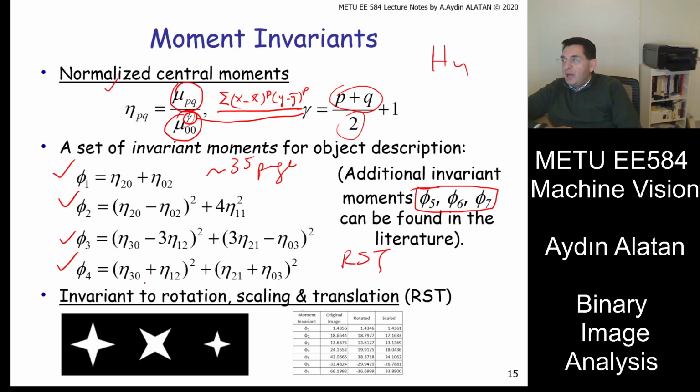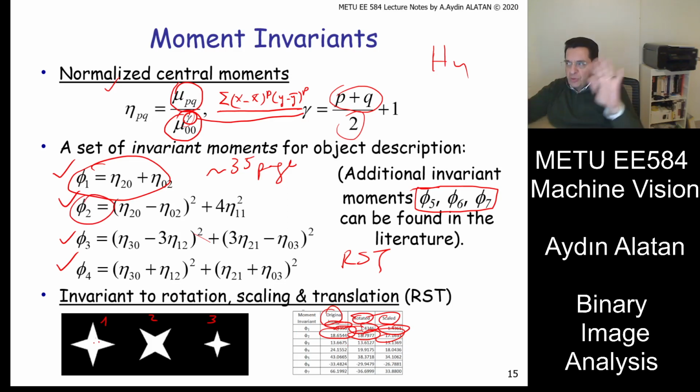If you just calculate these things for these silhouettes, this is one silhouette, this is another silhouette, this is another silhouette: original, rotated, scaled. Original is here, then rotated and in fact shifted, and scaled, made smaller. Look at the corresponding numbers for each. Due to discrete calculation, these numbers are slightly different.